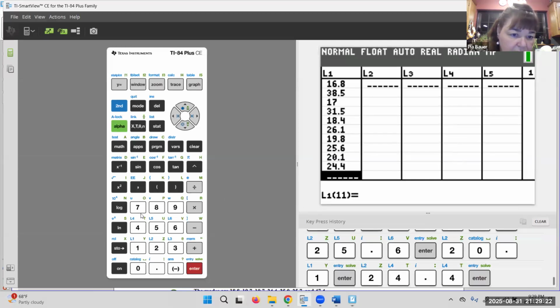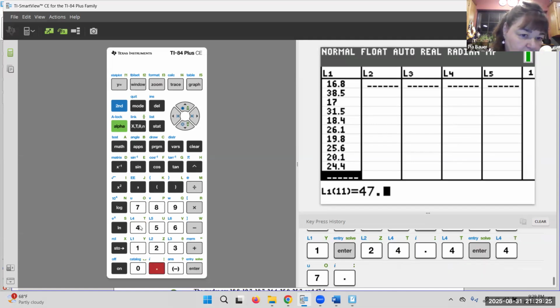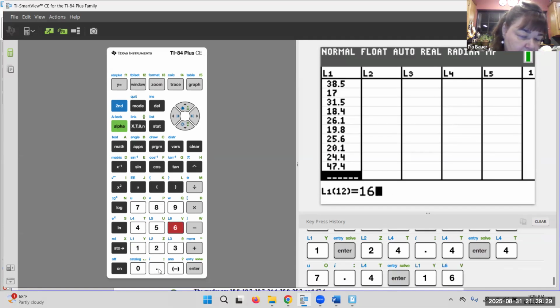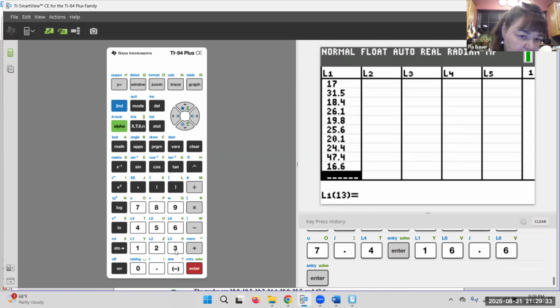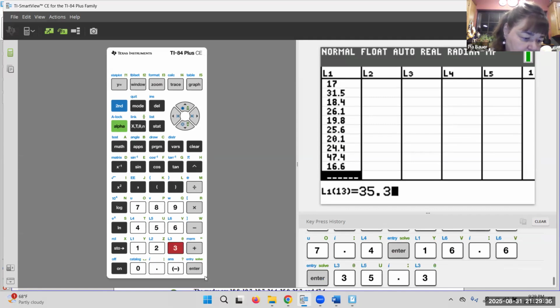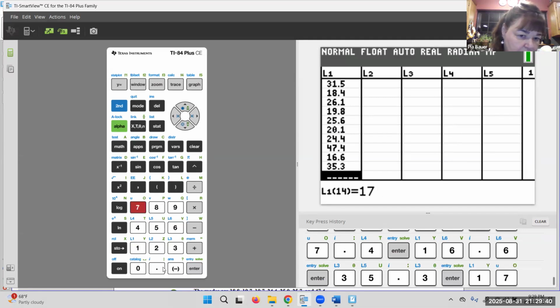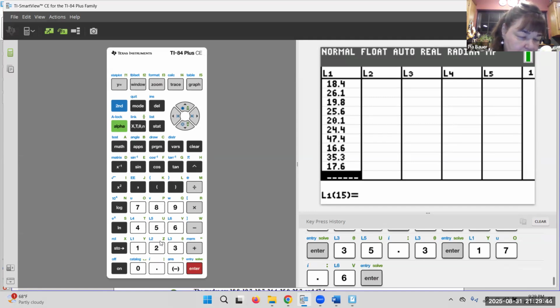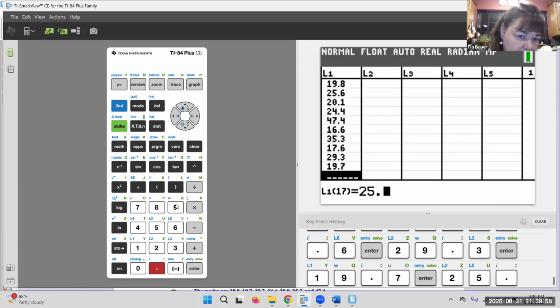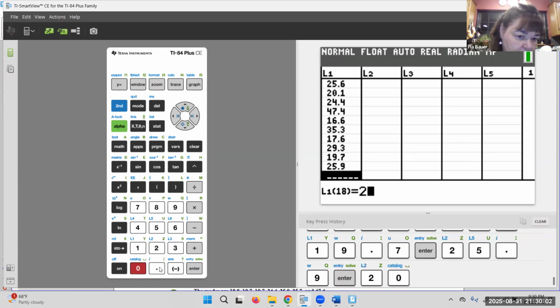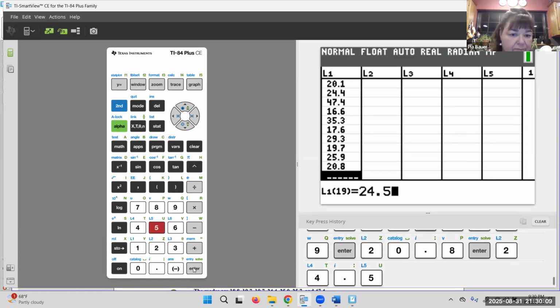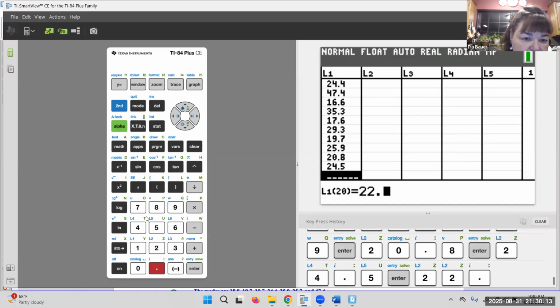So now I'm going to start with the next column. So that will be 47.4, 16.6, 35.3, 17.6, 29.3, 19.7, 25.9, 20.8, 24.5, 22.7, and I'm gonna double check.